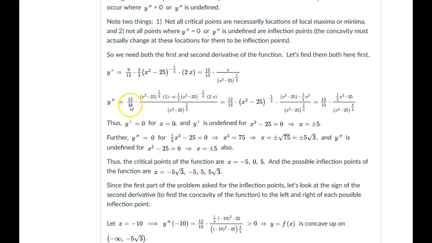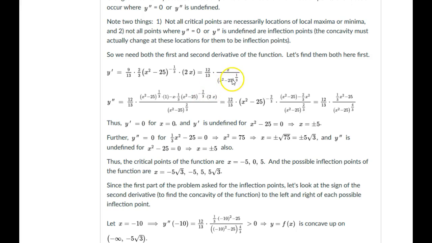I'm going to leave the constant 12/13ths out in front. Then we have low d high minus high d low. The low is x squared minus 25 to the 1/3 power. D high, the derivative of the top, the derivative of x, is 1, minus high, x, times the derivative of the bottom. The derivative of the bottom is the same as what we did before: 1/3 times x squared minus 25 to the minus 2/3 times 2x, right?